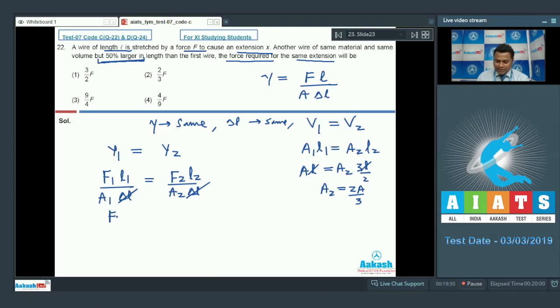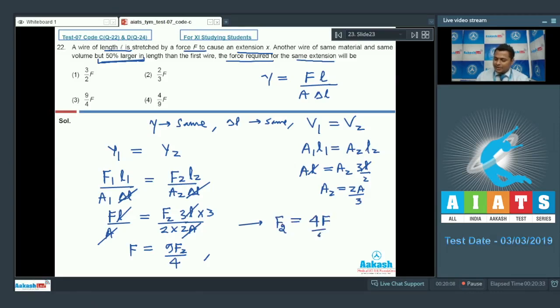F1 has F value, L1 has L value, area has A value, equals F2, which we have to find out, L2 is 3L by 2 multiplied by A2 which is 2A by 3 goes in the numerator. A will be cancelled out with A, L will be cancelled out with L. So ultimately we will get the value of F as 9F2 divided by 4. As a result, we can get the value of F2, that is 4F by 9.